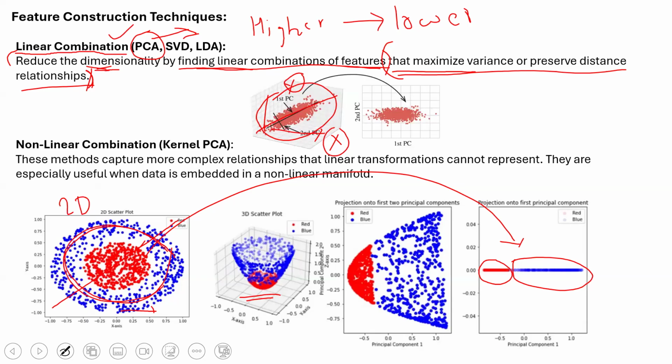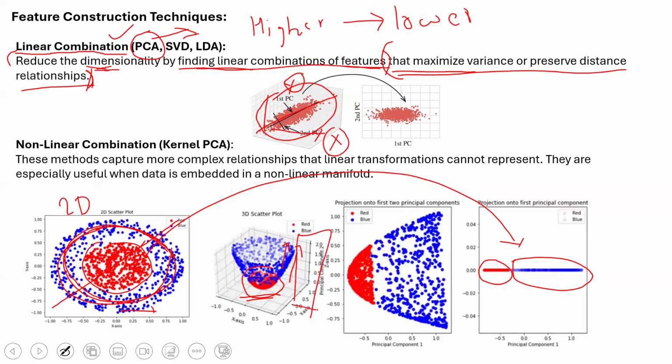The red ones will remain there. The ones that are surrounding the red will go up, much higher. Look at this, all the blues are floating in 3D space at a great height, whereas all the red dots remain at lower heights. This is what happens when you elevate the points into 3D space. And then what I'm doing here is I'm putting a 2D space again here.